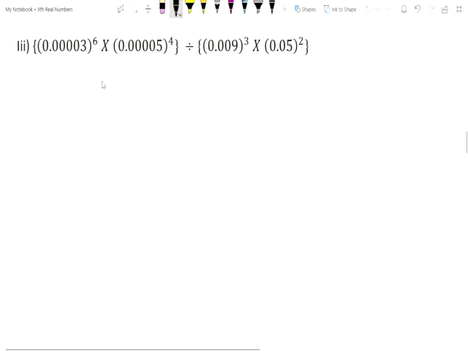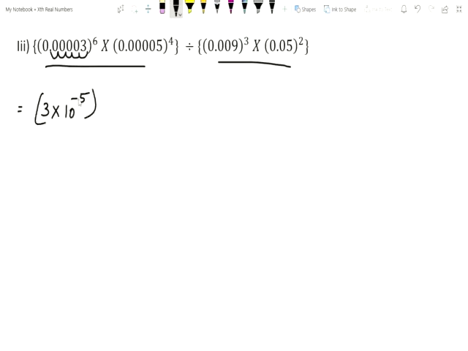See here. First we need to multiply. This also we need to multiply. After that we have to divide. Okay. First we convert in scientific notation. Here 3 into 10 to the power. It starts from 0 point. So negative powers you want to put. So 1, 2, 3, 4, 5. So minus 5.